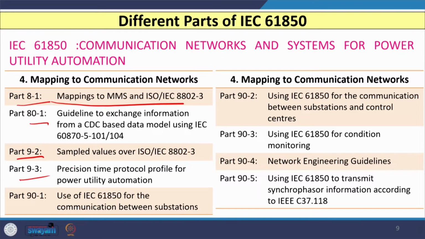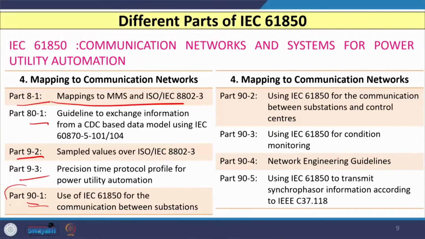In 9-3, the precision time profile for power utility automation is discussed, and after this they have added another one, part 90-1, which is related to IEC 61850 for communication between two substations. When we wish to communicate between two substations, this is mentioned in 90-1. In 90-2, if we wish to communicate between substations and control centers, those things are mentioned.